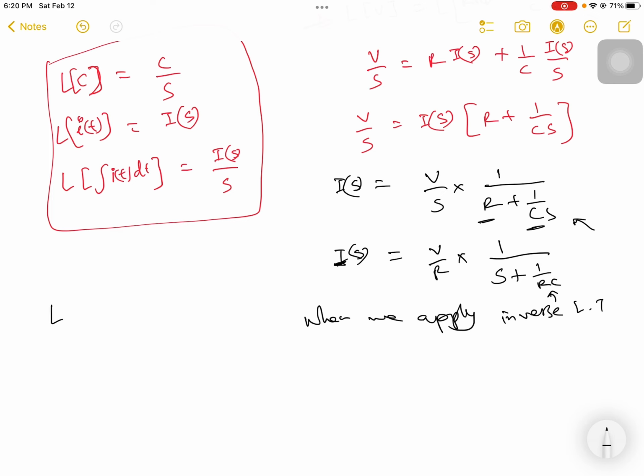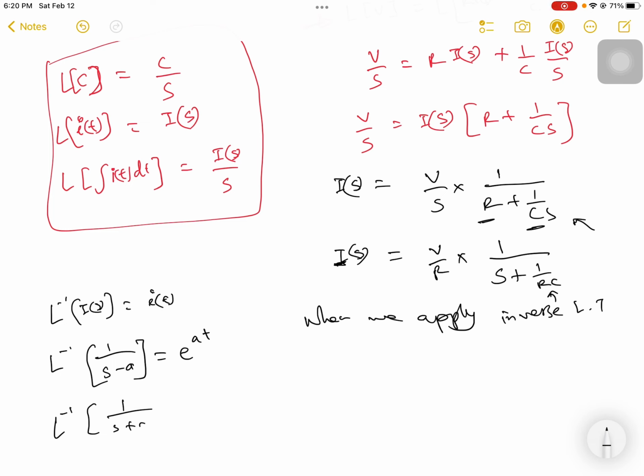So the inverse Laplace of I(s) is given by this, and then the inverse Laplace of 1/(s minus a) is equal to e^(at). Now in our case it is like 1/(s plus a), so we can write it as e^(minus at).